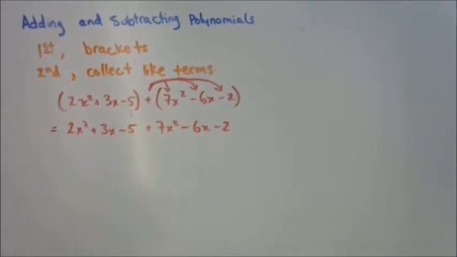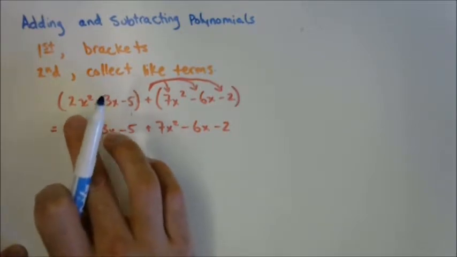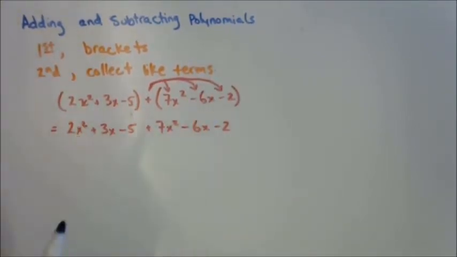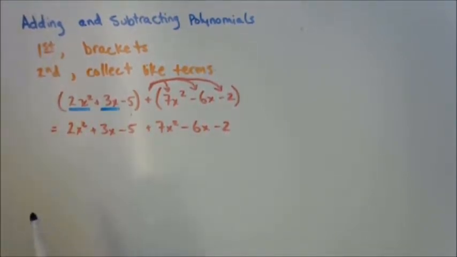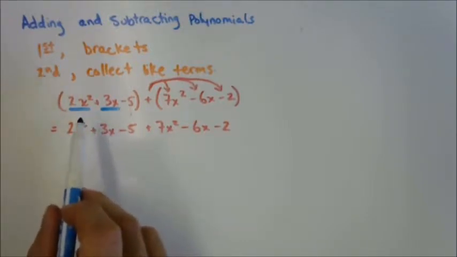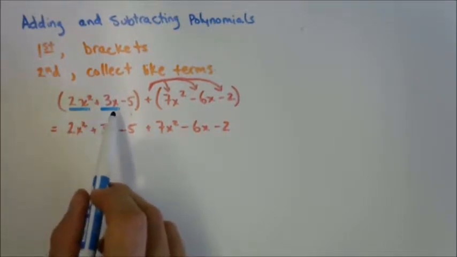Now a question that often gets asked: Is it 2x squared? 2x squared, good call. The question often gets asked, hey, Mr. V, why can't I just add these guys up right here? They both have x's in them. Can't I just add 2x's and 3x's and that'll be good? No, you can't, because x squared is totally different from x.